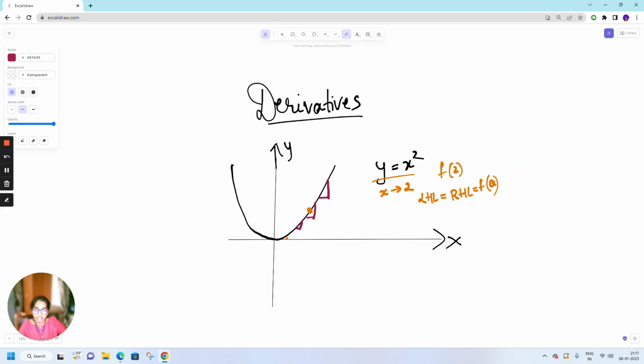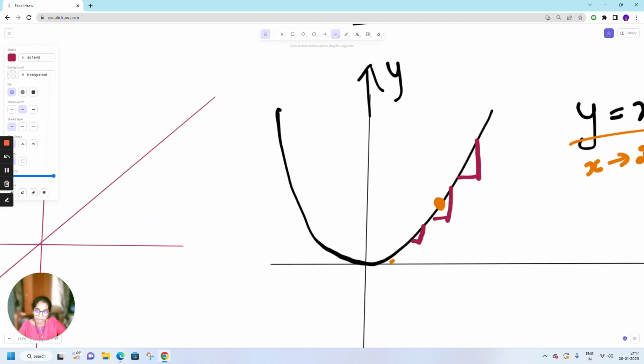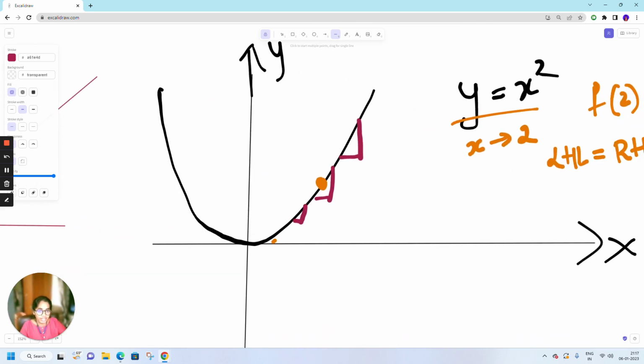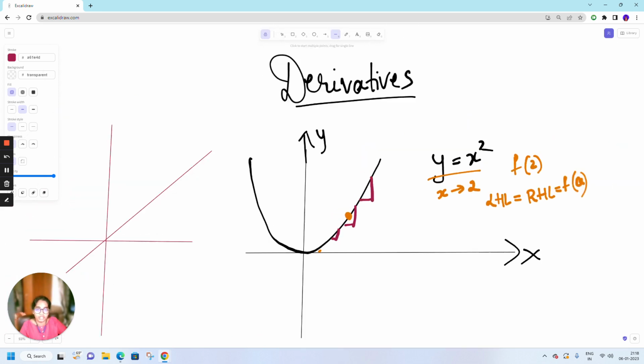If I have a graph like y is equal to x, it would go something like this, but the slope would remain the same at each couple of points. But for our y is equal to x square graph, the slope is decreasing and changing for each couple of points. At this point, the concept of derivative pitches in.